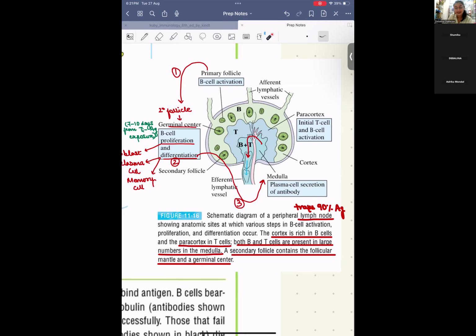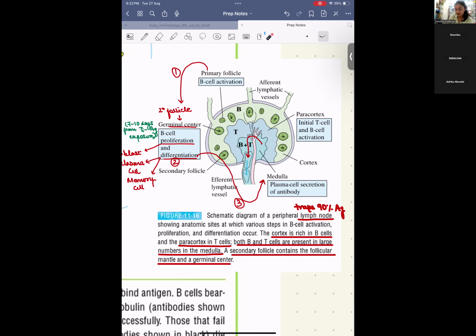The T helper cells in return communicate back to the B cells, where the B cell activation is further augmented and it gets a chance to further differentiate into the plasma cells and the memory cells. So that's why the paracortex is a site for initial T and B cell activation.